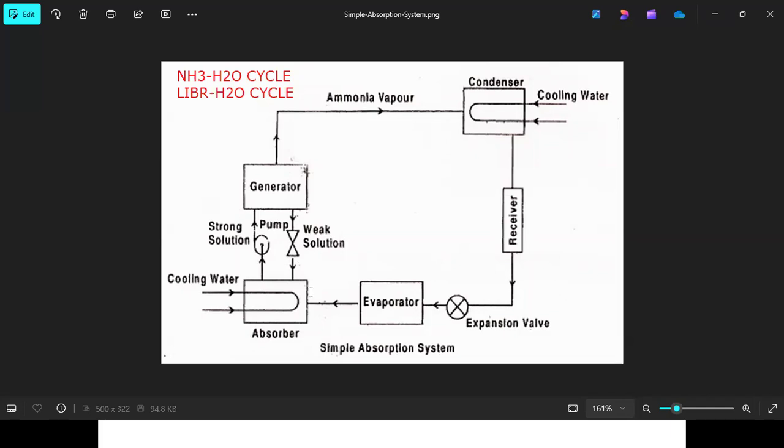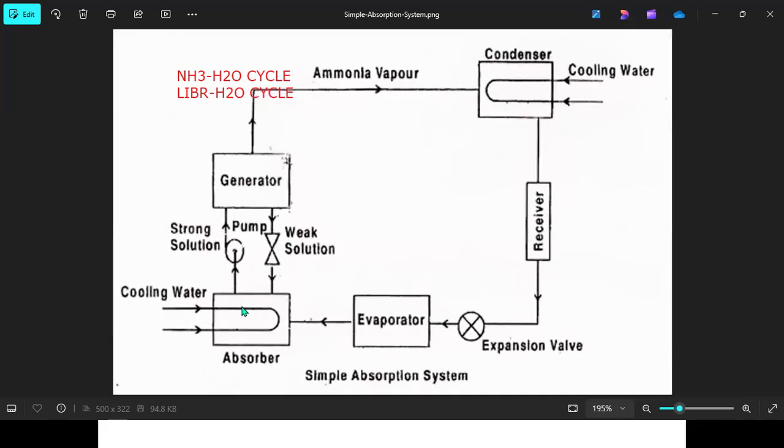Inside the absorber, this is the portion where ammonia is mixed with water. Is the beginning clear, guys? Here, inside the absorber, initially they mix the ammonia into the water.